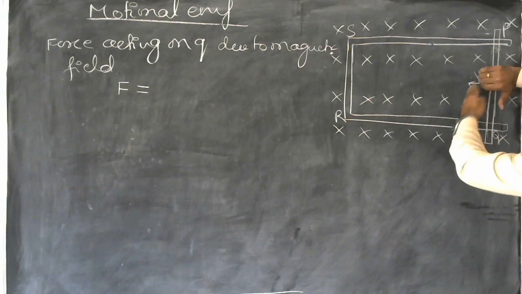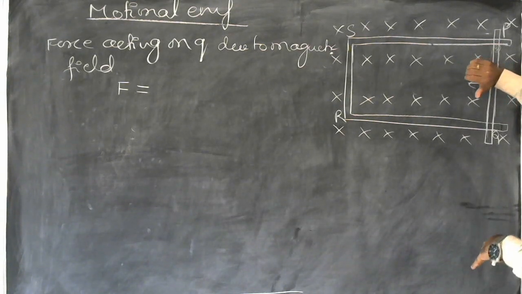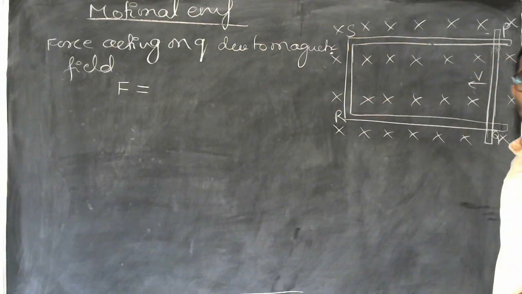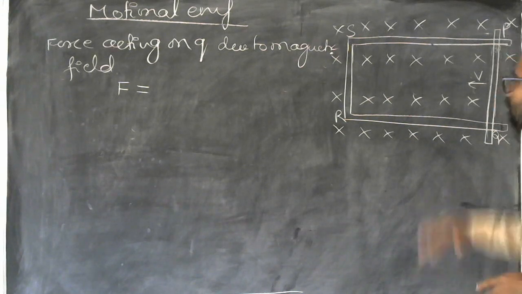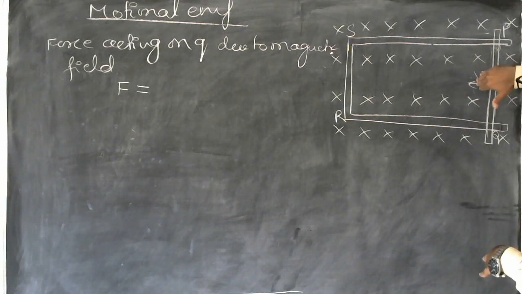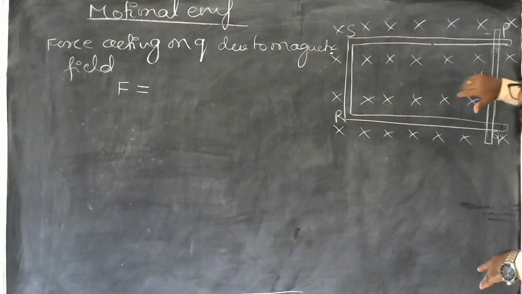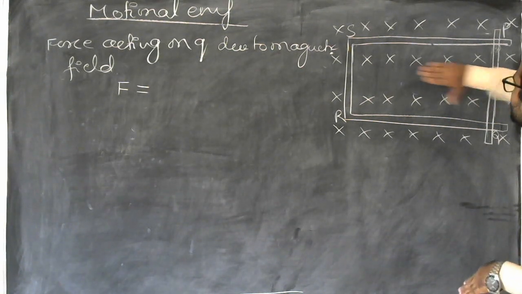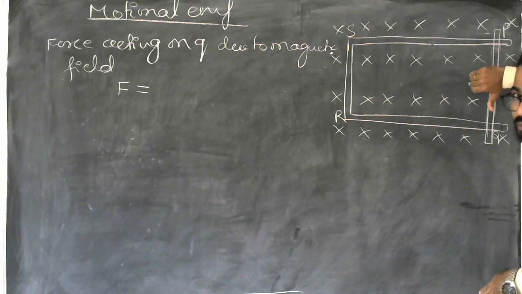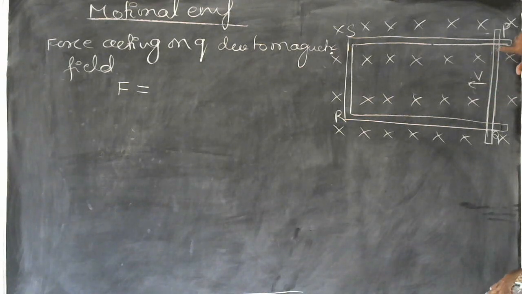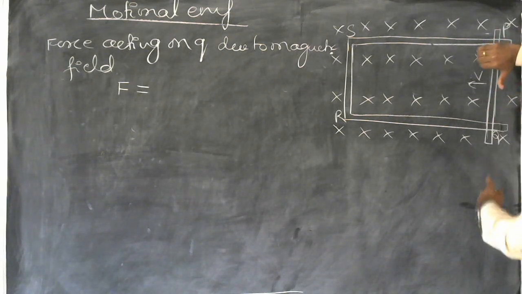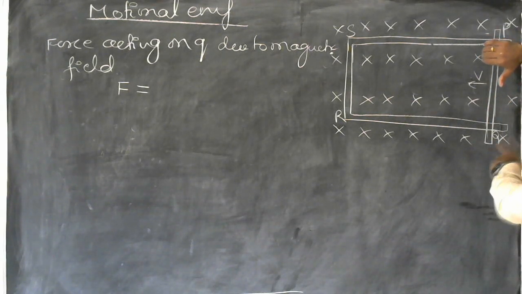Now see, this is the direction of the magnetic field. You are crossing your fingers, that is why it is a cross product, F = q(v × B). The angle between the magnetic field and velocity is 90 degrees. So the force acting on this charged particle is downwards, which is towards Q.